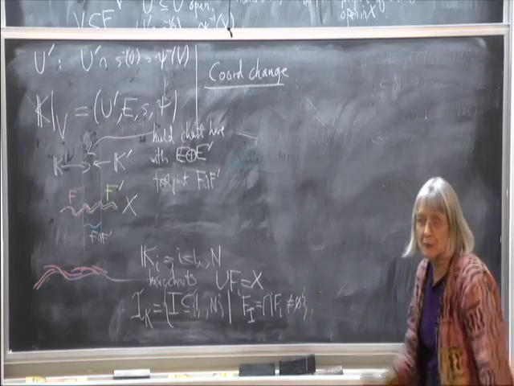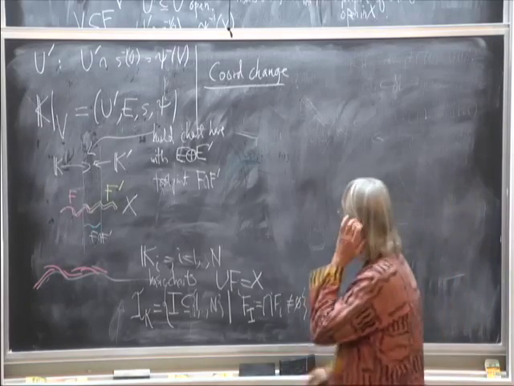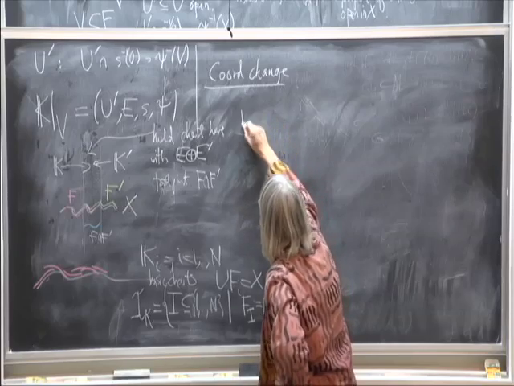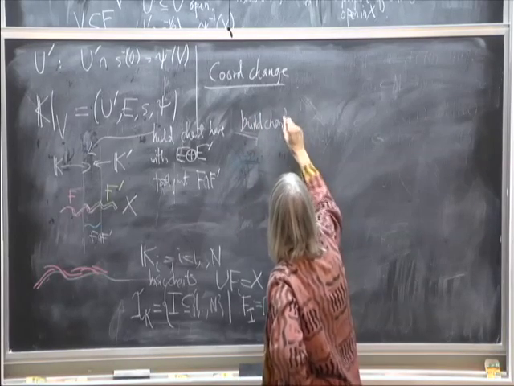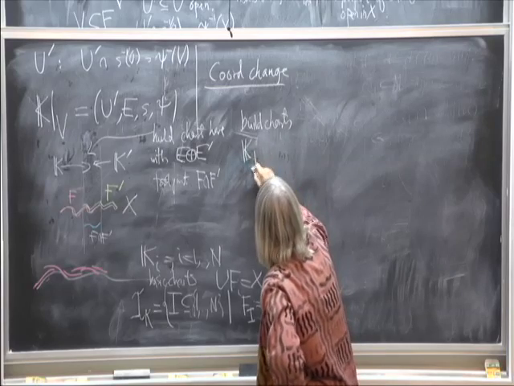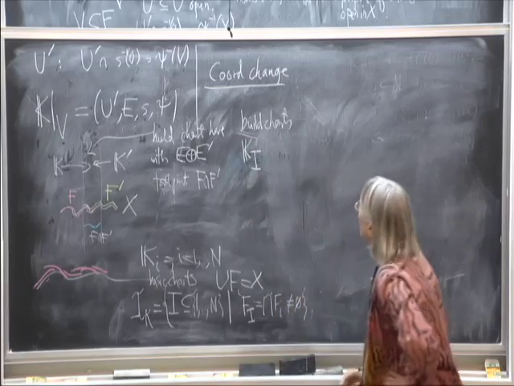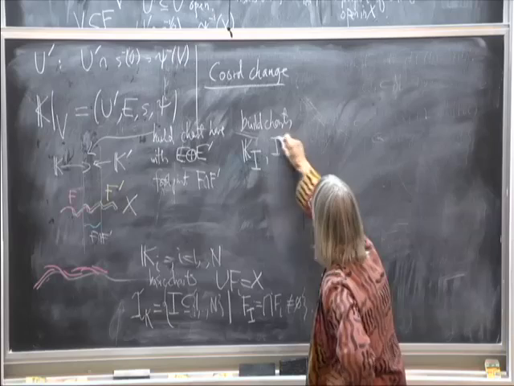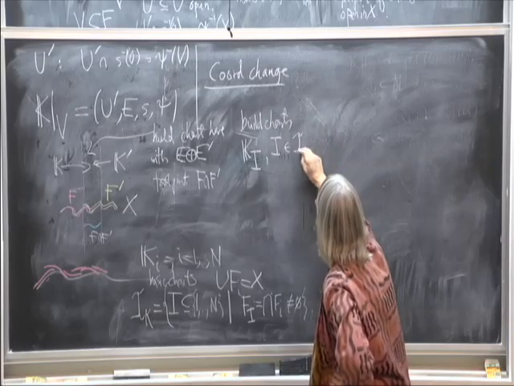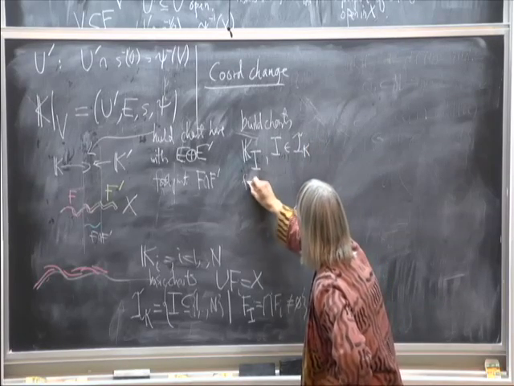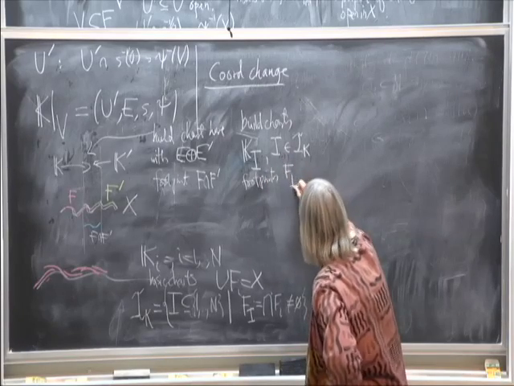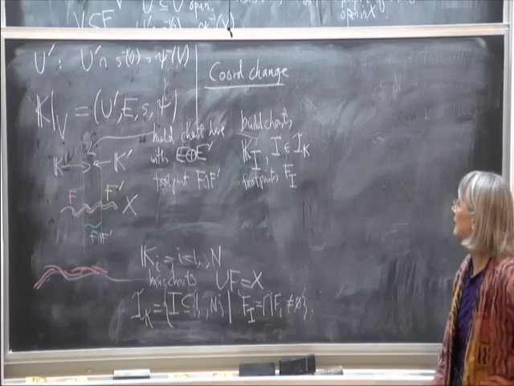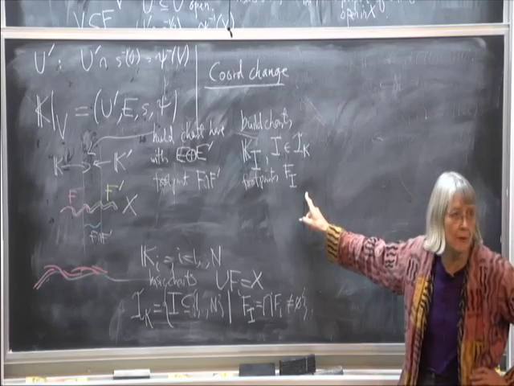So we look at the non-empty intersections, and then we're going to build charts Ki for I in Ik, and their footprints are going to be the Fi, and these are going to be the recipients of the coordinate changes.